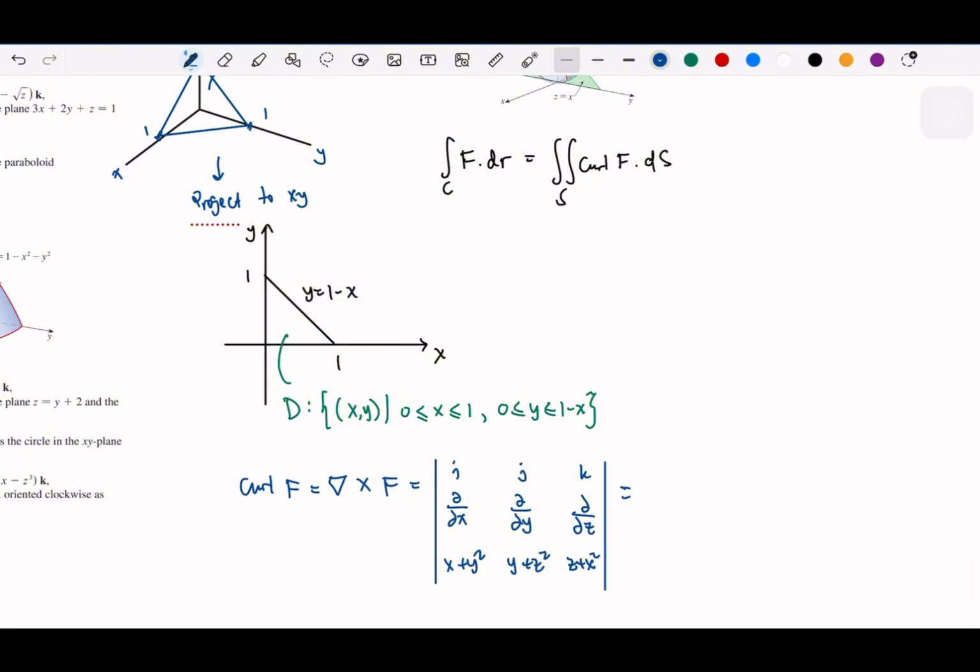Do I have that? Let me check first. Yeah, I think if you compute the cross product, there will be some parts that will be canceling. So this will be negative 2z i, negative 2x j, negative 2y k. Okay. Right.